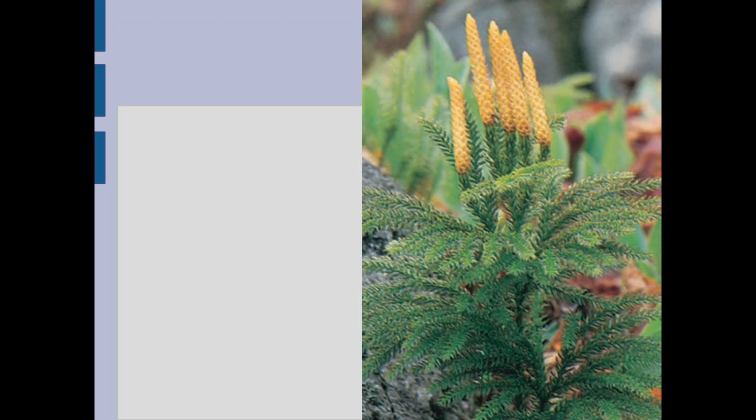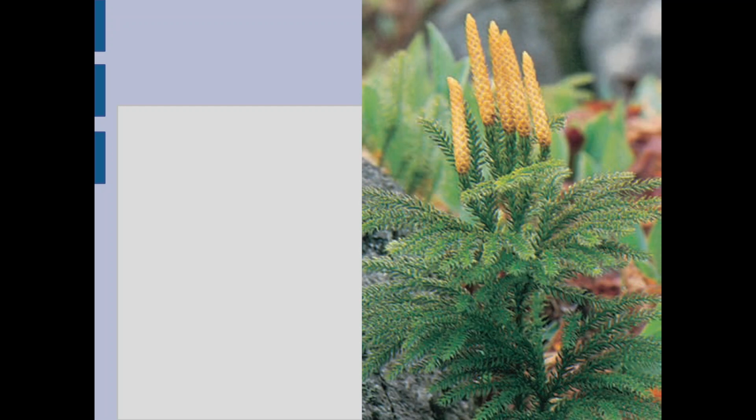So the lycophytes were very common millions of years ago, and they are divided into the club mosses, spike mosses, and quillworts.